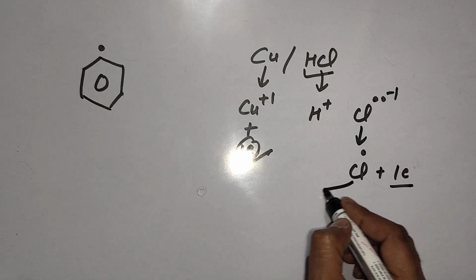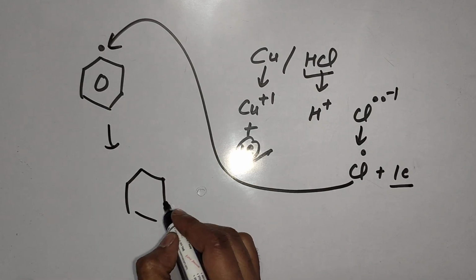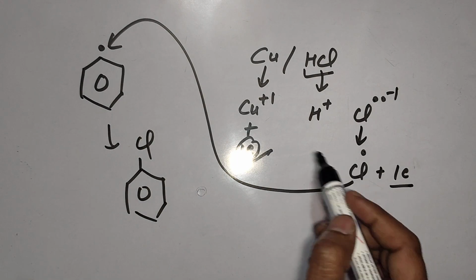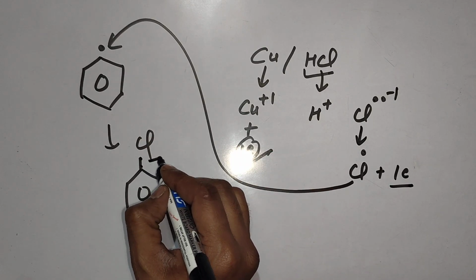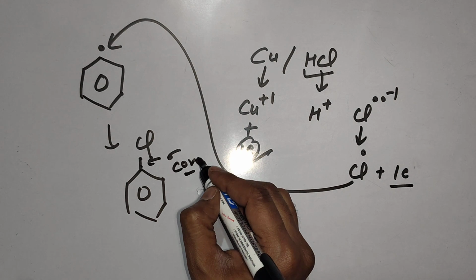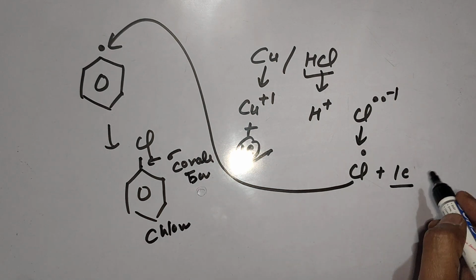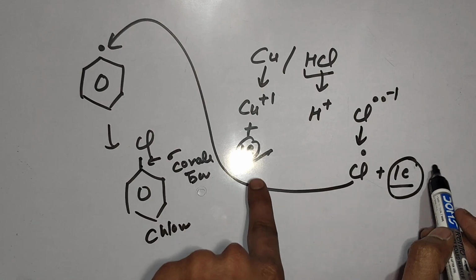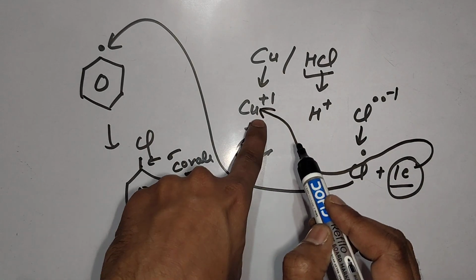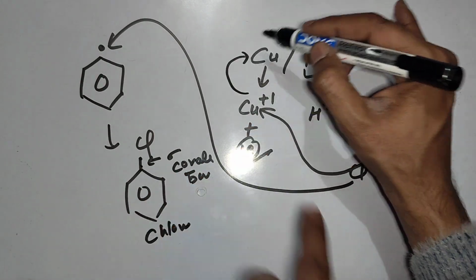Now this chlorine free radical and phenyl free radical will combine to give us chlorobenzene. Unpaired electrons will make a sigma covalent bond. Chlorobenzene is generated over there. Now what about this extra electron? This extra electron will be absorbed by our copper ion, which was in +1 oxidation state, and will return itself to copper.